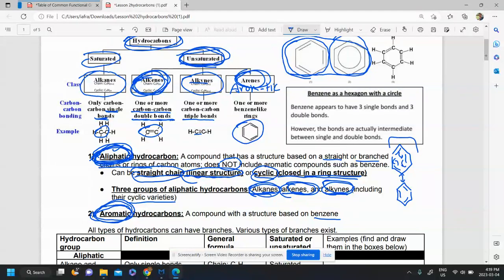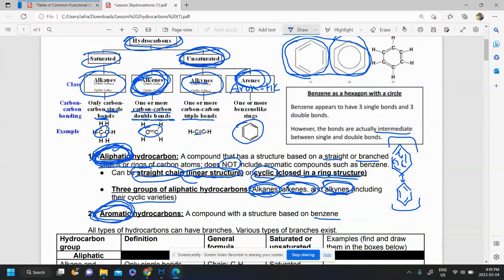These are actually resonant structures. You might remember that from Unit 1. And so because these are resonant structures, in reality, the double bonds and single bonds in the different structures don't all exist individually. The actual structure is an intermediate between all the different structures.